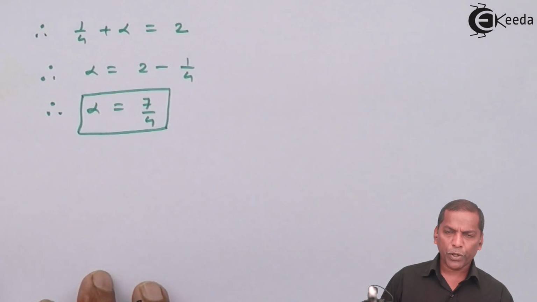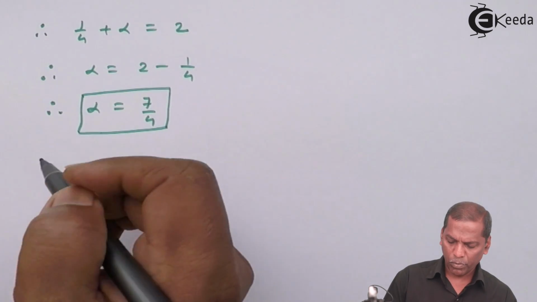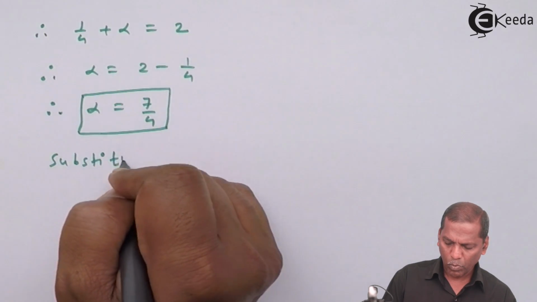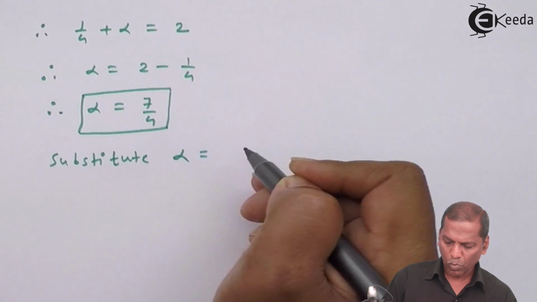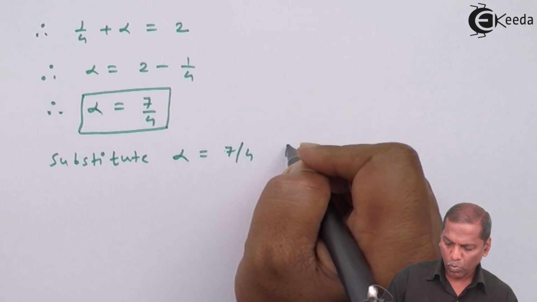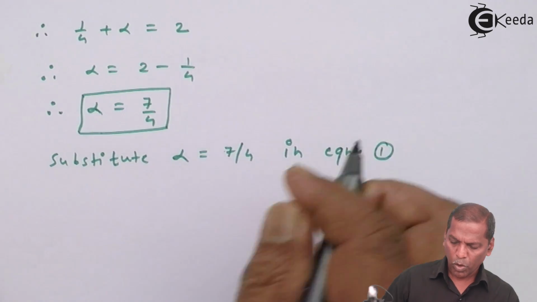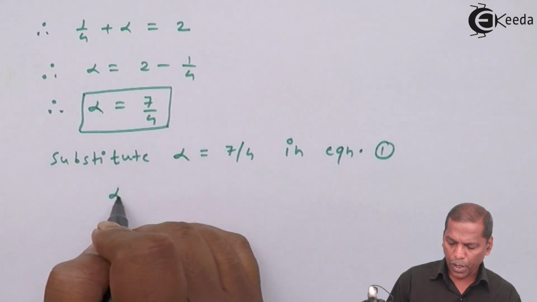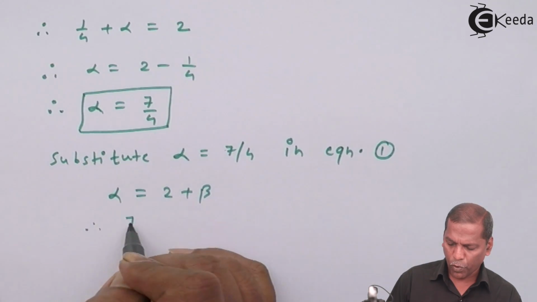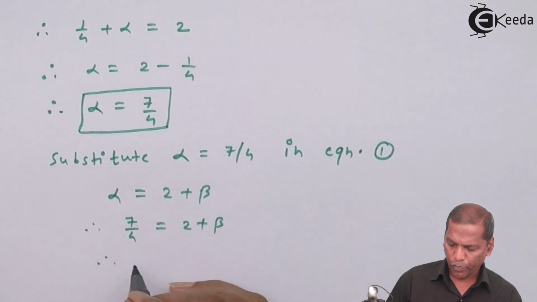Now we have to substitute alpha equal to 7 by 4 in equation 1. Equation 1 is alpha is equal to 2 plus beta, and therefore 7 upon 4 is equal to 2 plus beta.